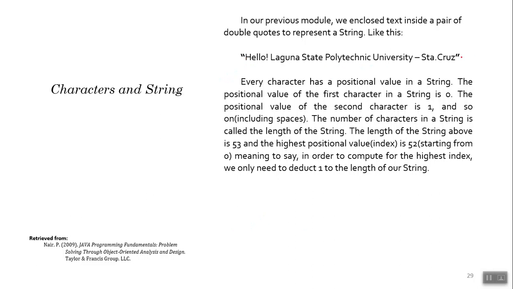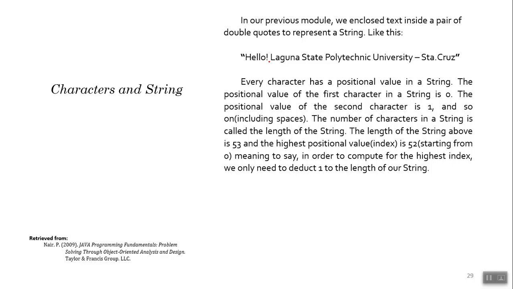Every character has a positional value in a string, and the positional value of the first character is 0. That's not the letter O, that's zero. The positional value of the second character is 1, and so on, including spaces. So this H here is 0, 1, 2, 3, 4, 5, and then the space is 6.